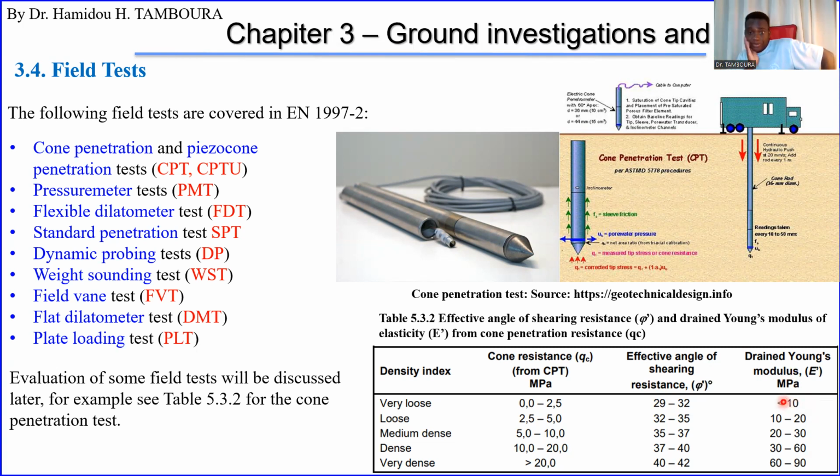So there are these ranges for every type of soil: loose, medium dense, dense, and very dense. From the CPT result, you can get a lot of information about your soil.